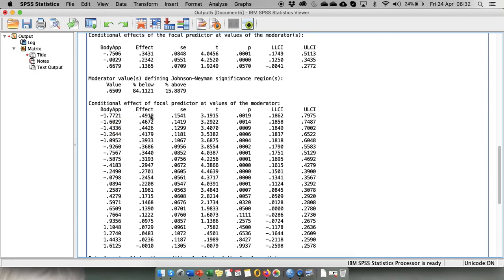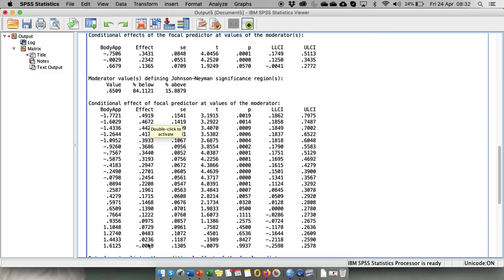So we go from quite a strong effect on the relationship between the predictor variable and the dependent variable to a low, almost non-existent effect.